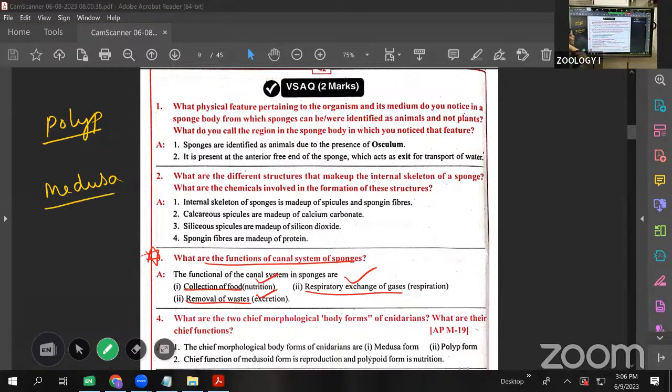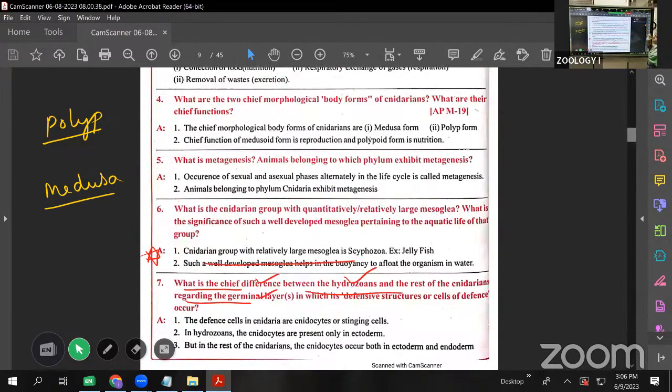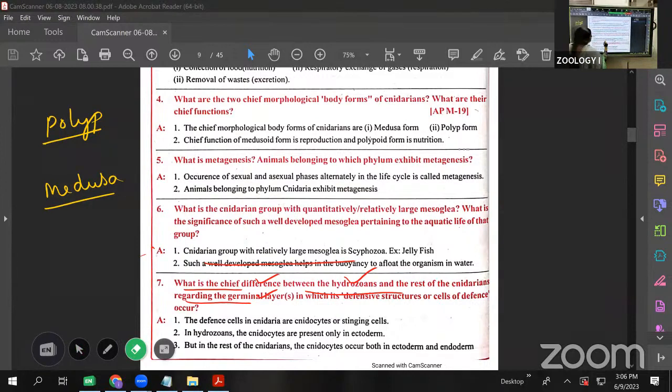The medusa is umbrella shaped, and the polyp is mainly cylindrical in shape. The chief morphological body forms of cnidarians are the medusa and the polyp.